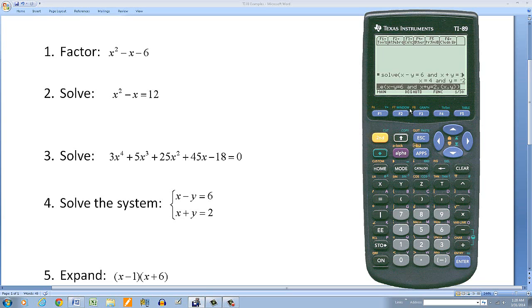Okay, so my solution to the system is x equal to 4 and y is equal to negative 2.